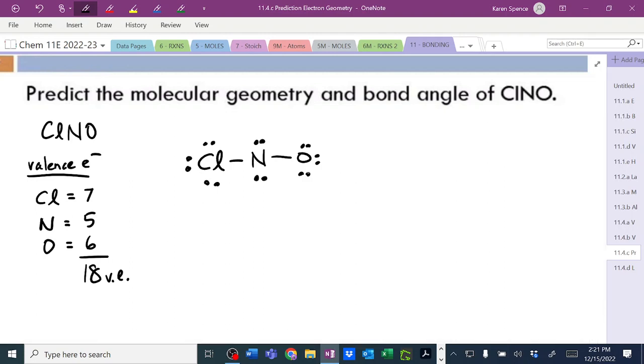Now we're going to count them. 2, 4, 6, 8, 10, 12, 14, 16, 18, 20. Uh-oh. So I have too many.